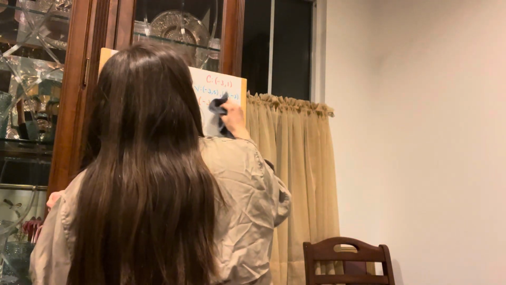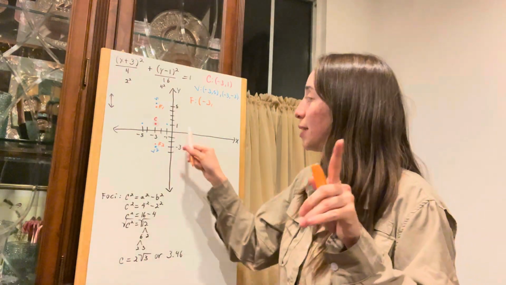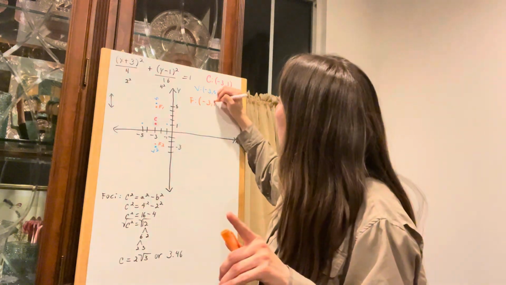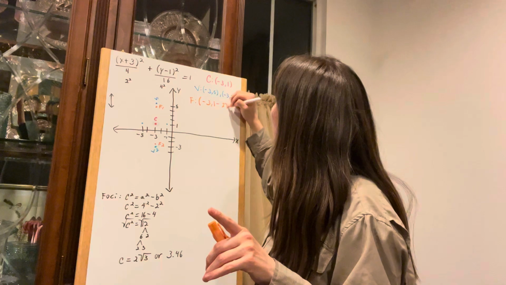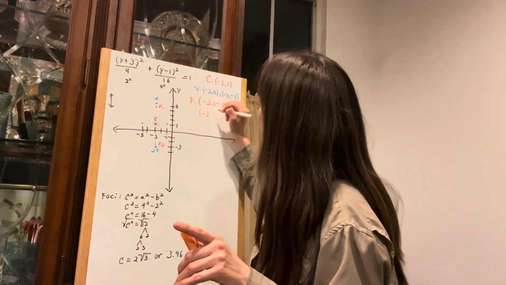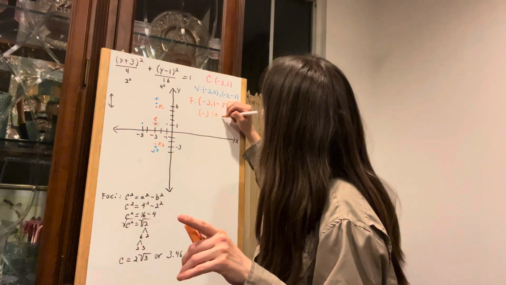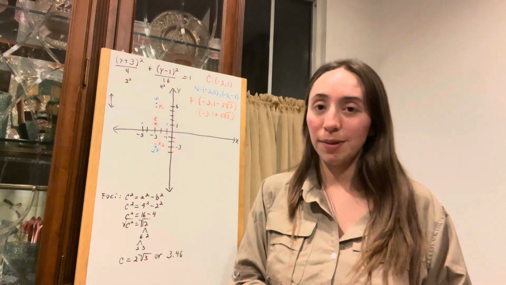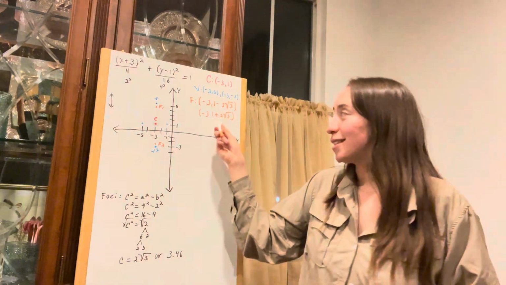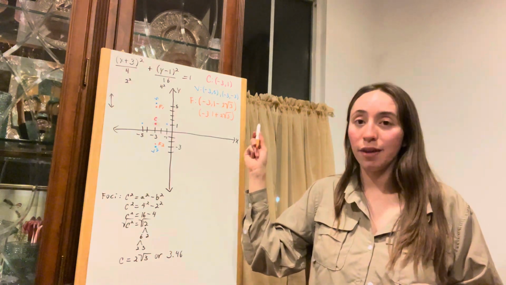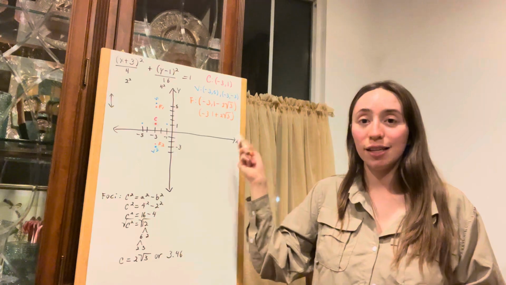It is going to be 1 because of my point right here. It's going to be -3, 1 minus 2 square root 3 and -3, 1 plus 2 square root 3. That's the most accurate way. I was getting confused because of my graph, but this is the accurate way to label your foci, especially if you get one that doesn't have a clear square root.